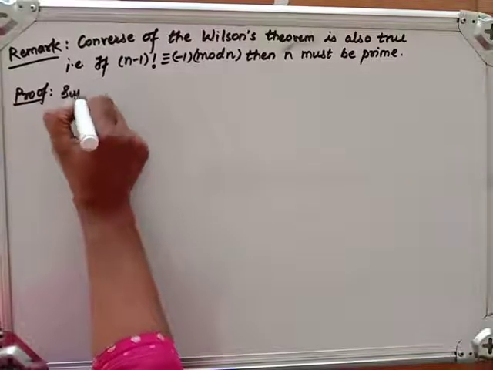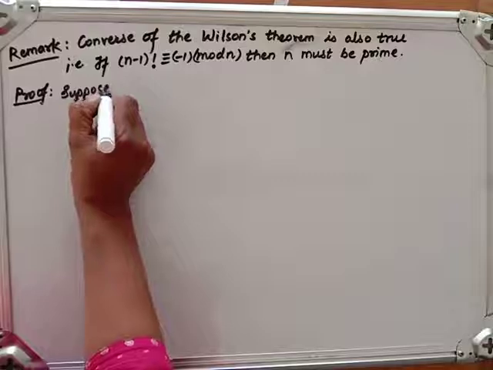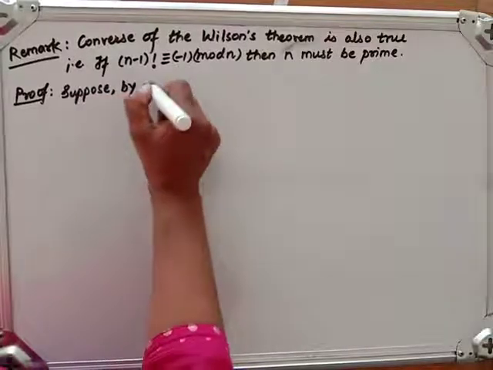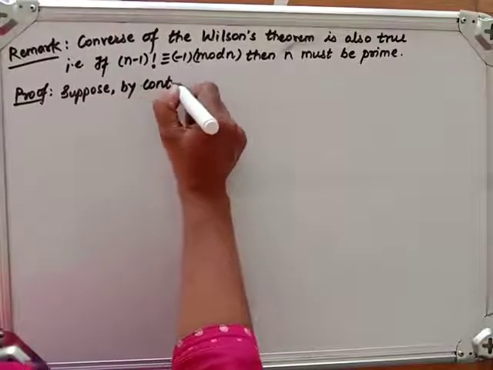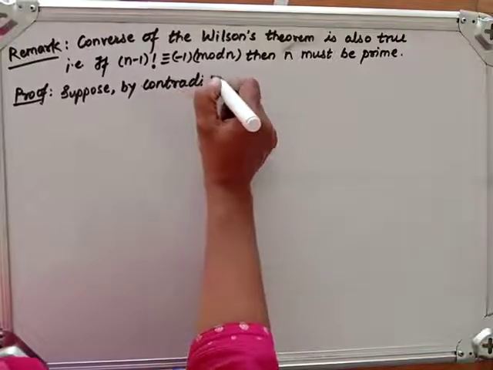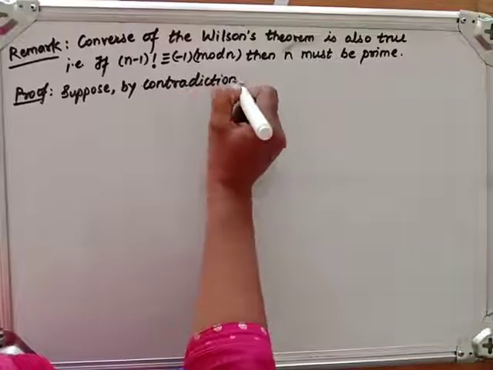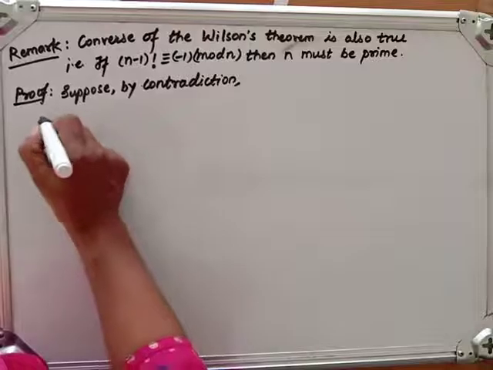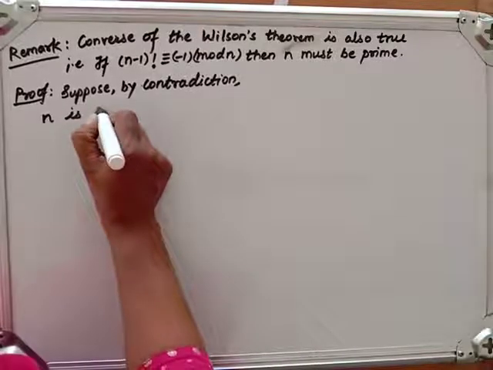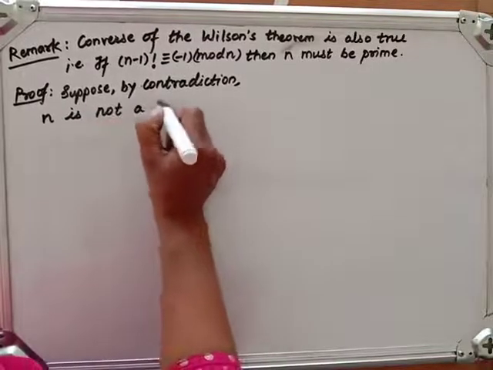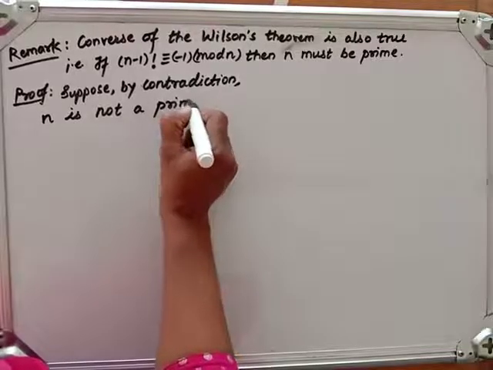Suppose, by contradiction, n is not a prime.